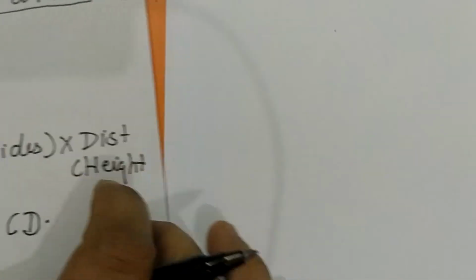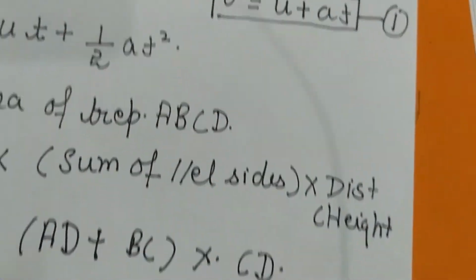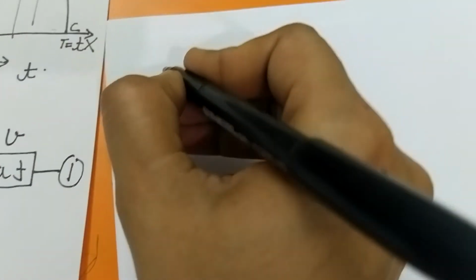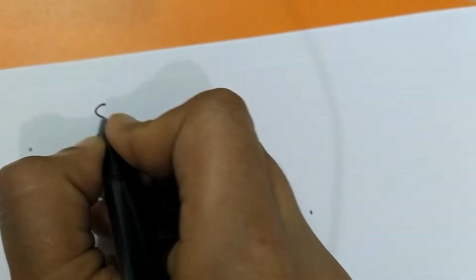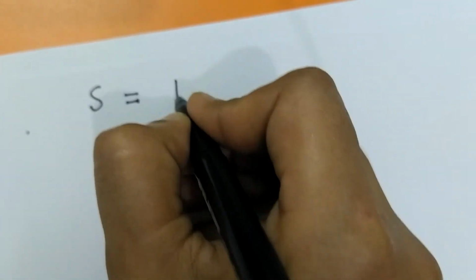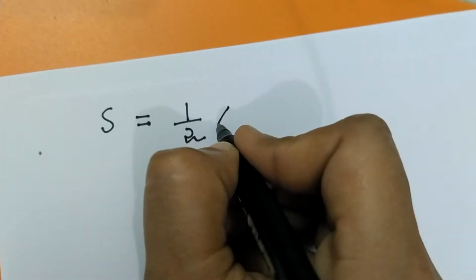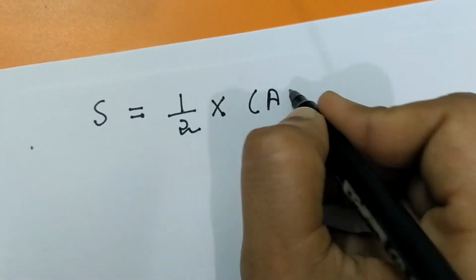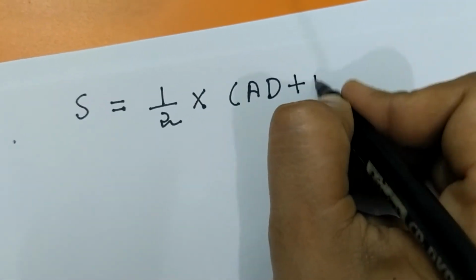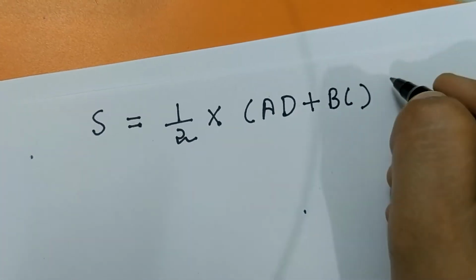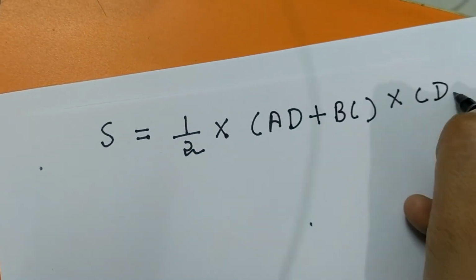So now we have the equation s is equal to 1 by 2 into (AD plus BC) into CD.